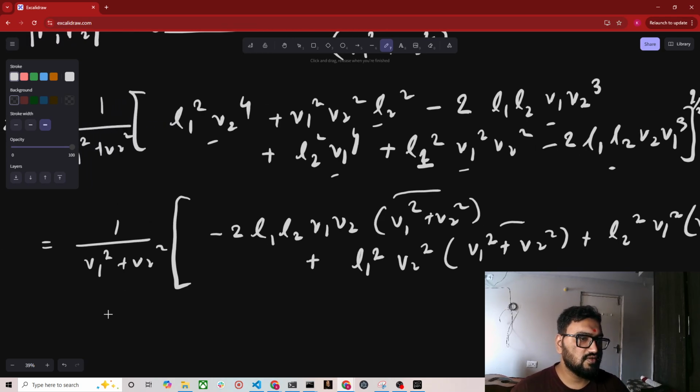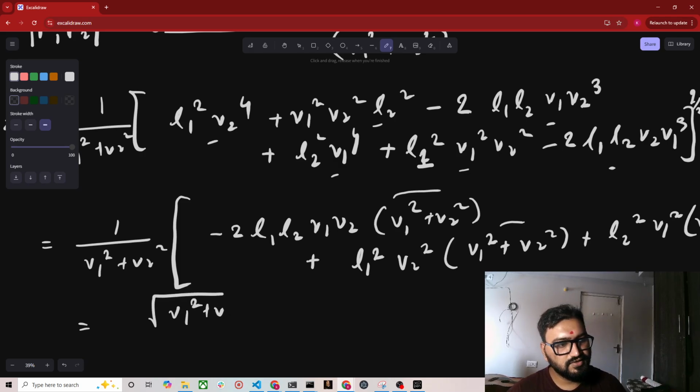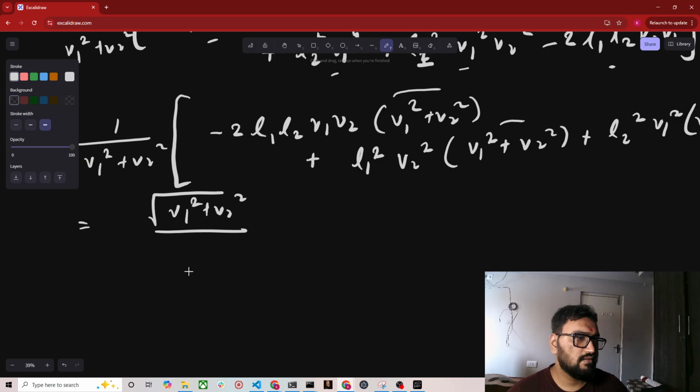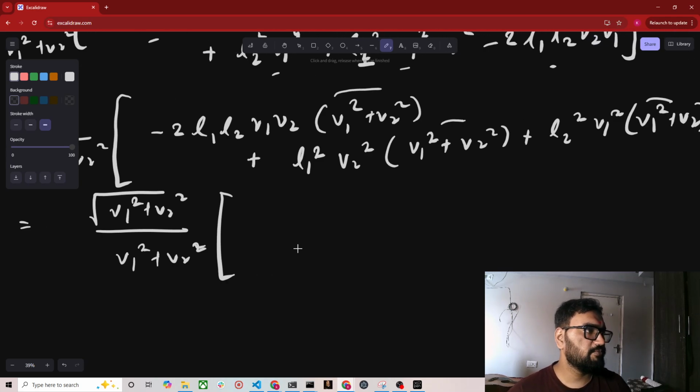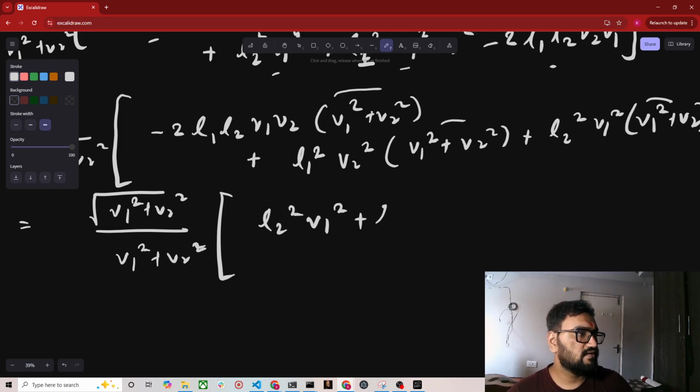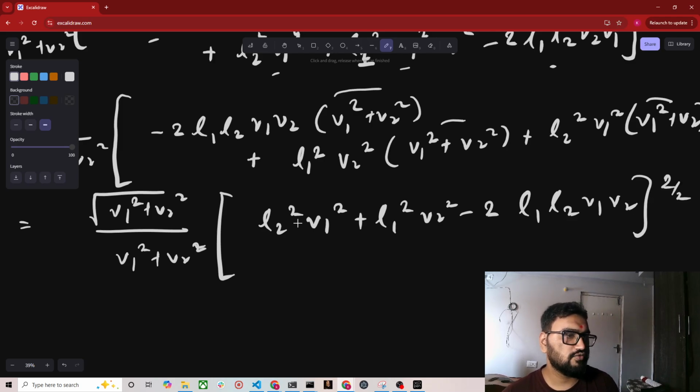Okay, so effectively what I'll get is root over V1 square plus V2 square divided by V1 square plus V2 square into square root of the entire remaining term, that is L2 square V1 square plus L1 square V2 square minus 2 times L1 L2 V1 V2 to the power 1 by 2.